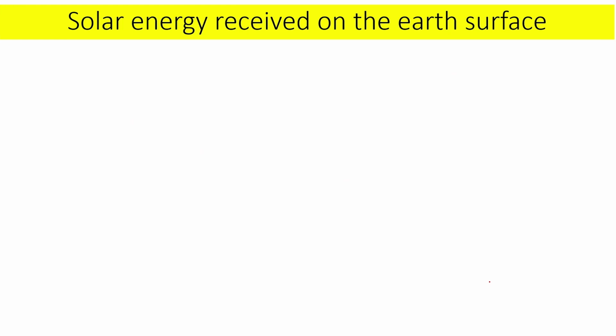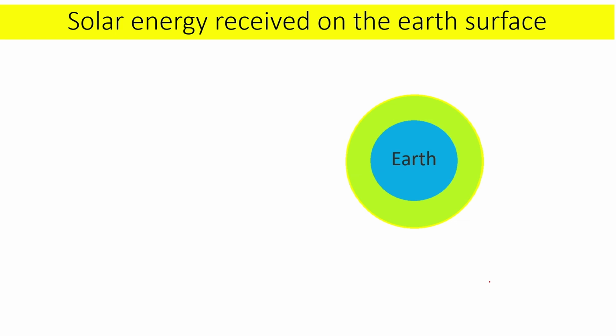Now, as I told, the solar constant which we calculated just now is the radiation coming outside the Earth's atmosphere. We have not taken the various factors which affect the radiation which comes on the surface of the Earth.